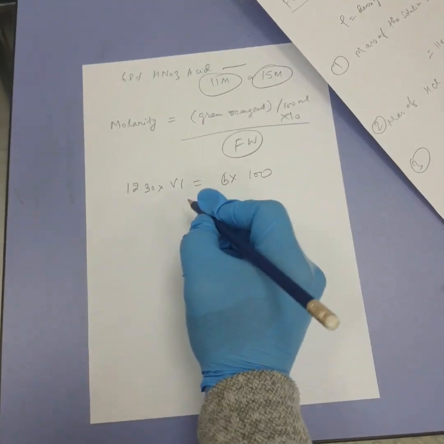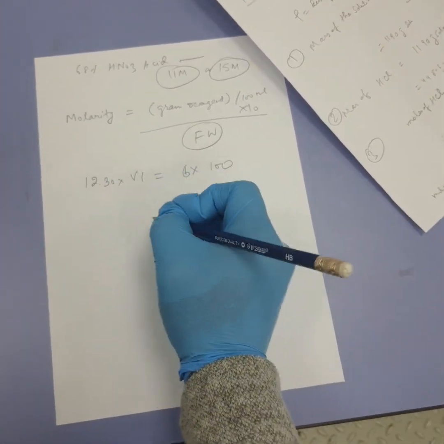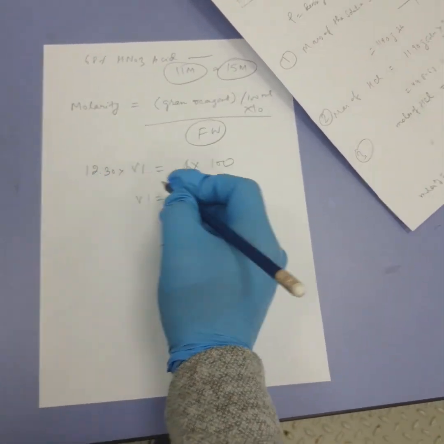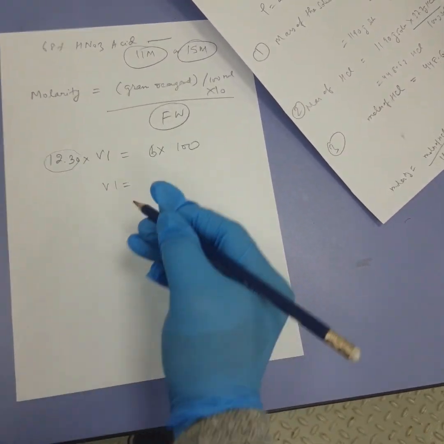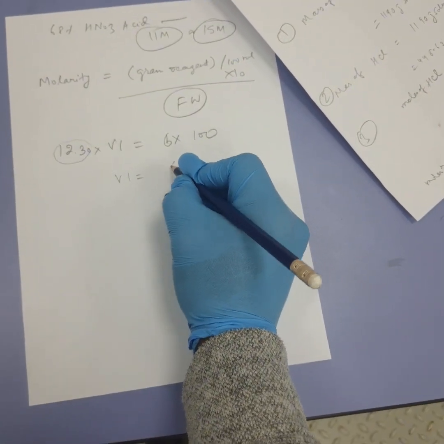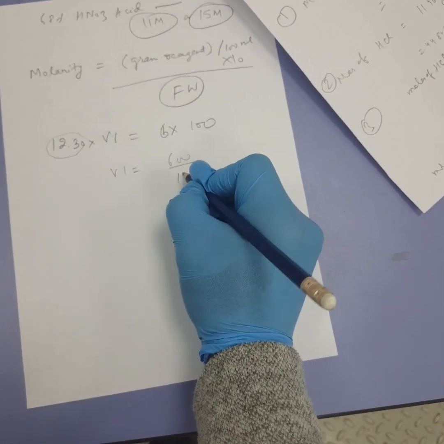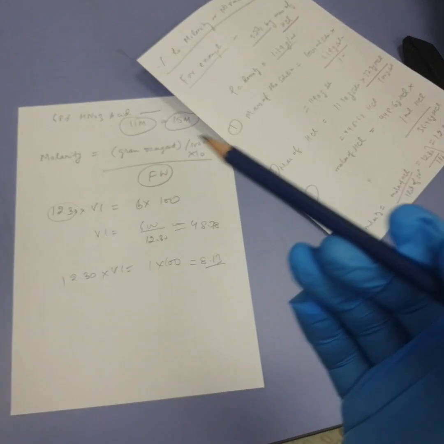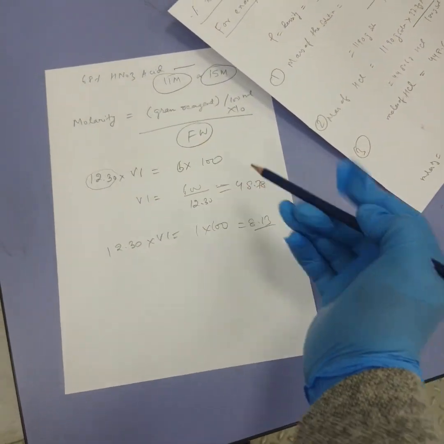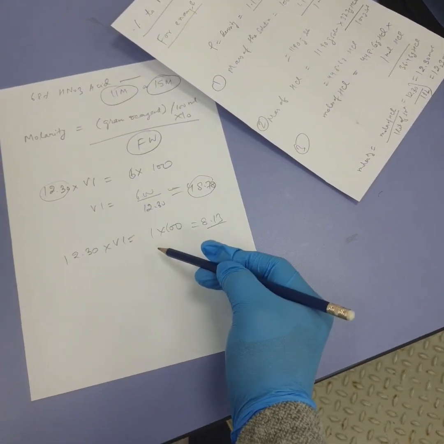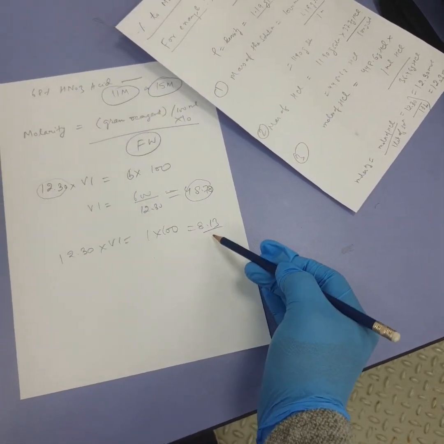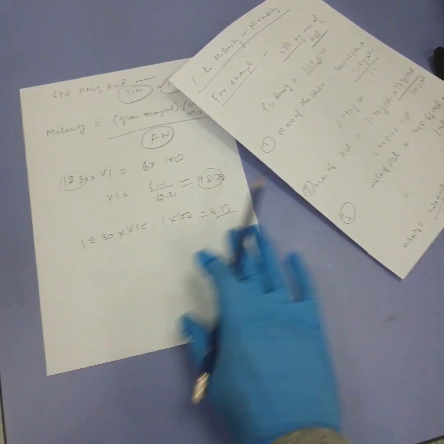In that case we will use the same equation, the concept of serial dilution, C1V1 is equal to C2V2. This is the main stock molarity. Similarly, for the first case we have to take 48.78 ml of the main stock, and if you want to make one molar in 100 ml, in that case you have to take 8 ml.